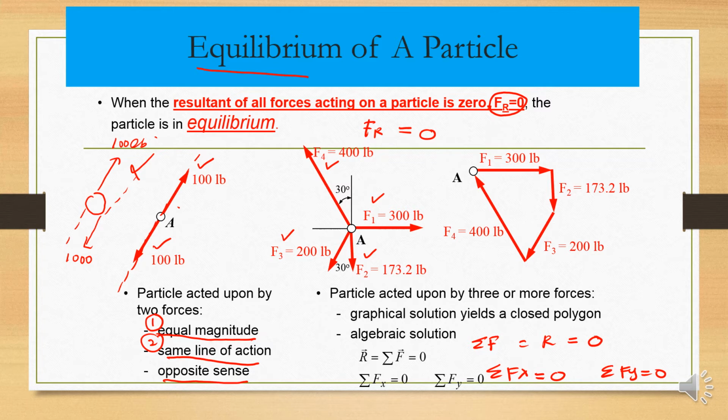So in summary, for the particle to be in equilibrium, the Fr, or the resultant force, must be equal to 0.